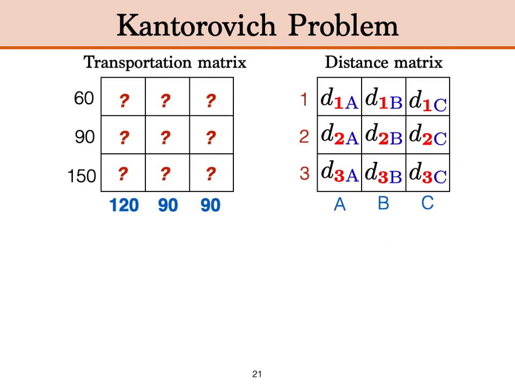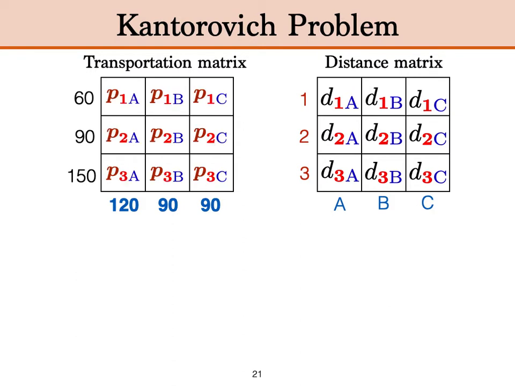Now, if we make this a little bit more abstract, what we will call those question marks is simply a variable that is indexed by a barrack on the one hand and the front line on the other hand. And let's just pretend that those numbers actually can be anything, as long as they sum to the same quantity. So Kantorovich says the first thing. By a very basic conservation of mass argument, I need every row in this transportation matrix to be equal to the number on the left.